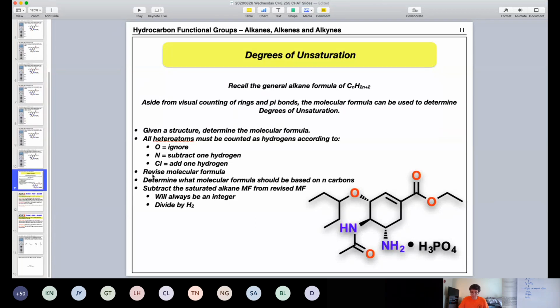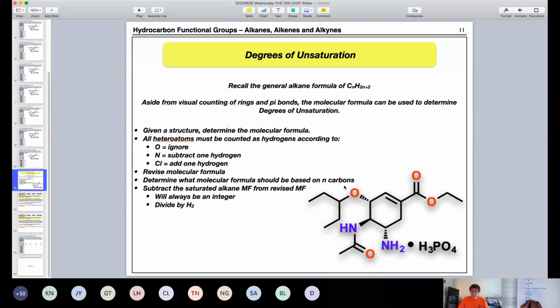So this is our revised molecular formula here, C16H26. We just determined what the molecular formula should be based on 16 carbons. So this is the number of hydrogens 16 carbons should have.